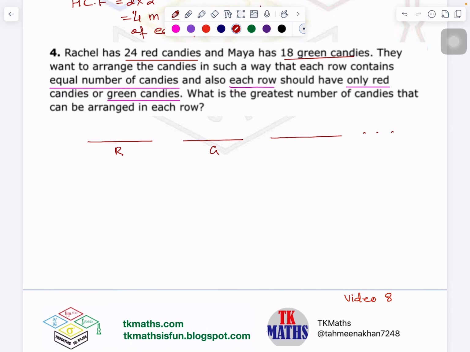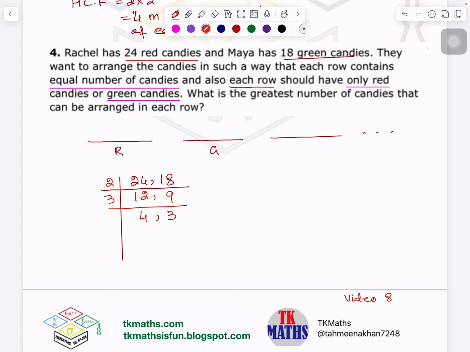When it is asking you for the greatest number, again it is a case of HCF. So I will take the HCF of 24 and 18. The number is even, so I will start with the smallest number, 2. 2 1s are 2, 2 2s are 4, 2 9s are 18. 9 doesn't come in the table of 2, so now I will go to 3. 3 4s are 12, 3 3s are 9.